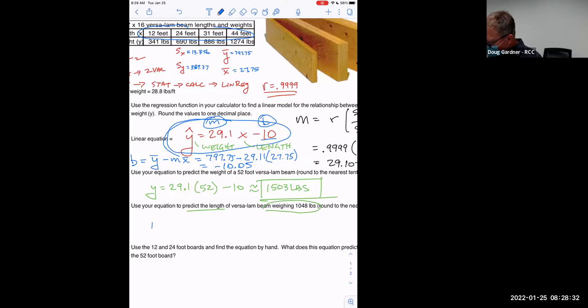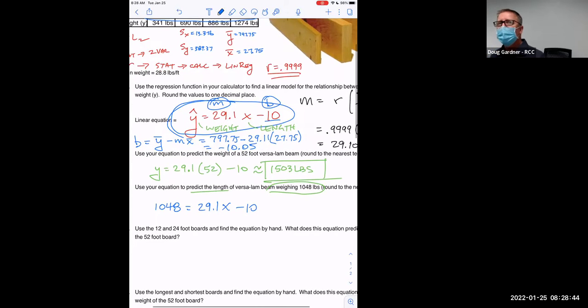Of course, the key to start this is to realize that 1,048 you're being told is actually Y, not X, and therefore it's the same equation, but this time you know something different.